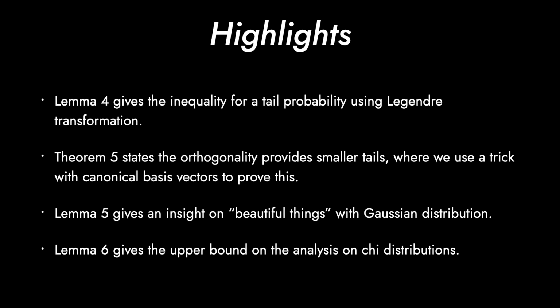Lemma 4 gives an inequality for a tail probability using the Legendre transformation. Theorem 5 states that orthogonality provides smaller tails, where we use a trick with canonical basis vectors to prove this. Lemma 5 gives an insight on beautiful properties of the Gaussian distribution. Lemma 6 gives an upper bound in the analysis of chi distributions.